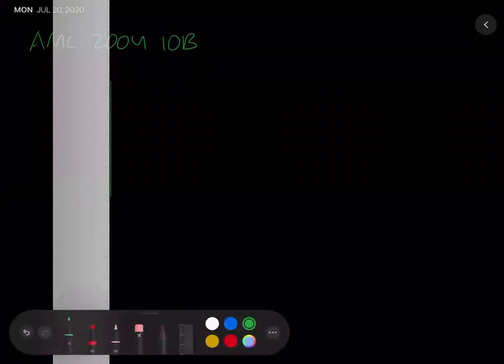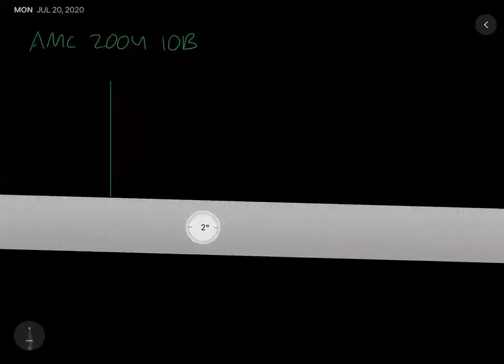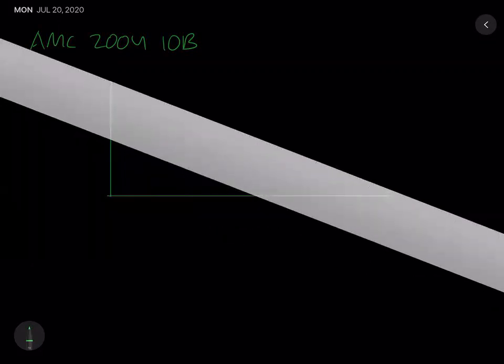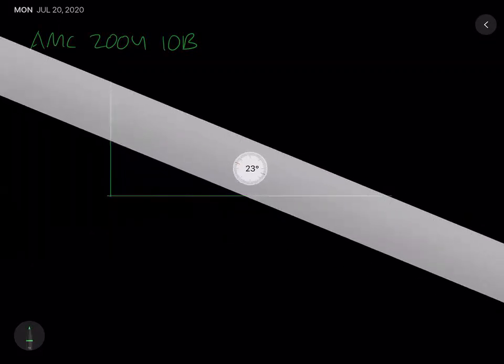At this point, you shouldn't be that surprised. And it's a 5, 12, 13 triangle. That's hopefully accurate.